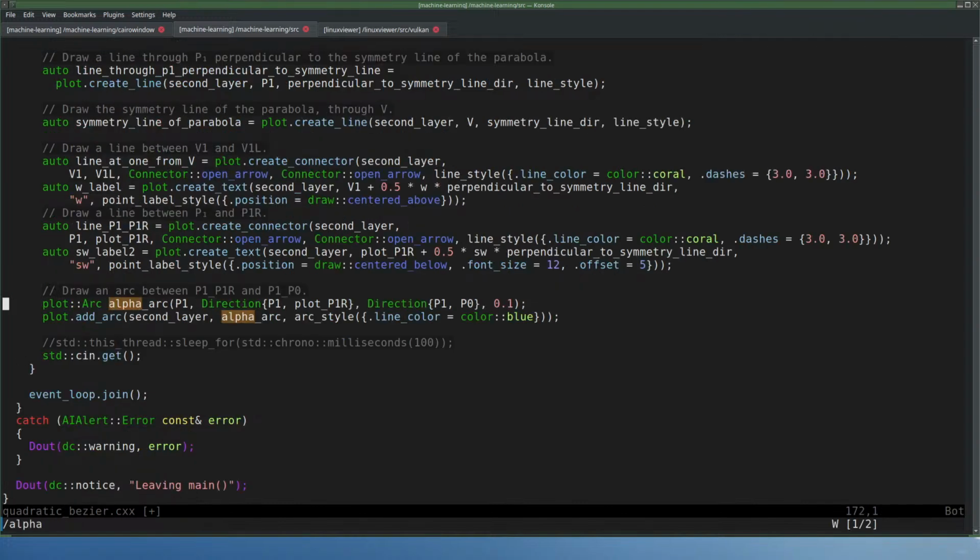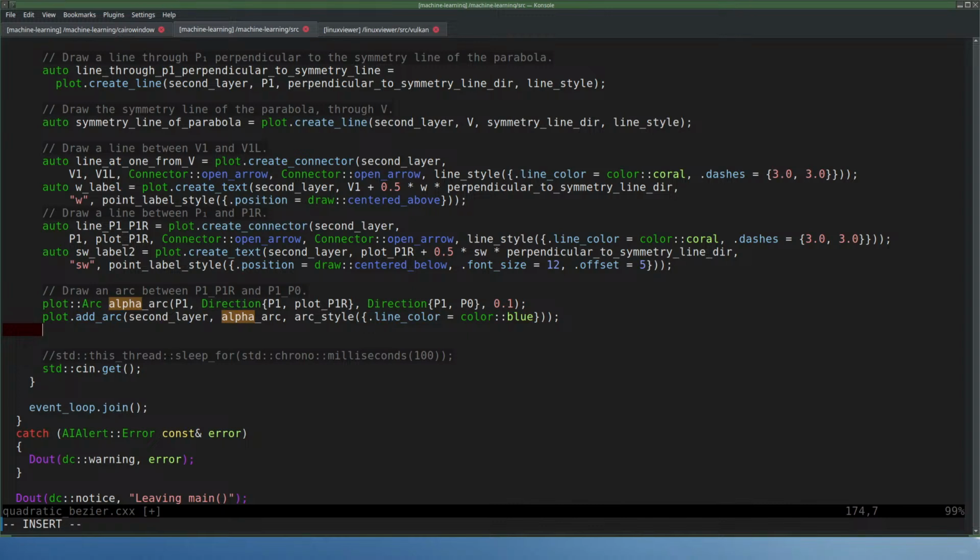Right, and then we want to add a text here. Auto plot alpha label, or actually I never do the plot thing for some reason. The label's always plotted. That was the reason. Plot, add, create text, and a second layer, add.